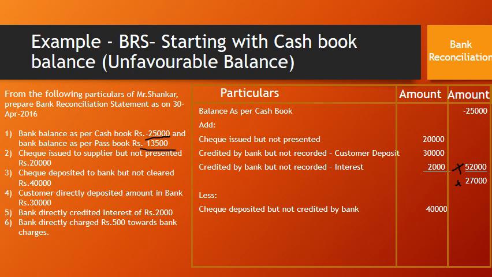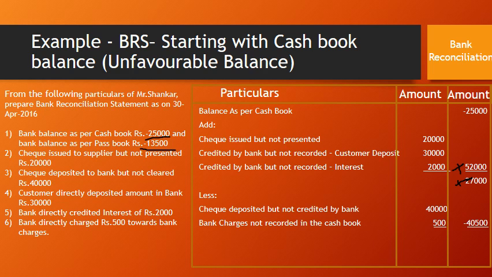And then what we have: less check deposited but not credited by bank, bank charges not recorded in the cash book. These two things we are deducting. So here the balance is plus and here the balance is minus. So again plus and minus, we have to make a deduction here.